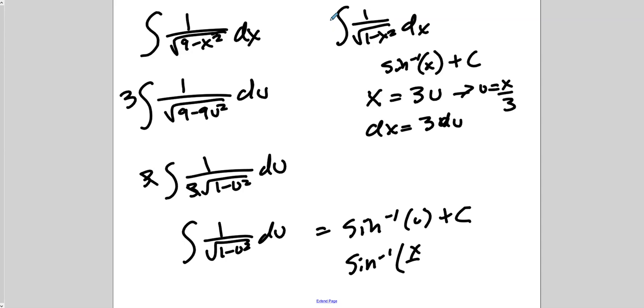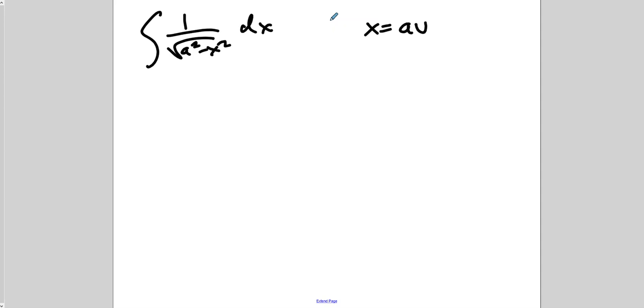So let's just do this in general. So if we have 1 over the square root of a squared minus x squared dx, then we choose x equal to a times u, and dx equals a du, and u equals x over a.